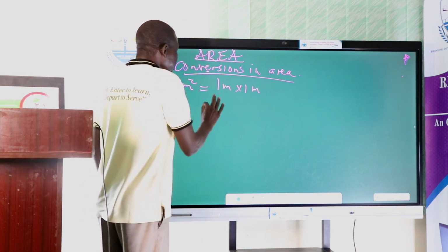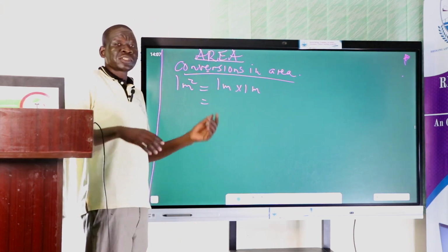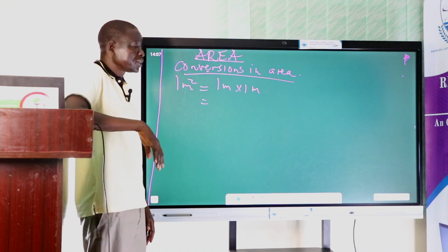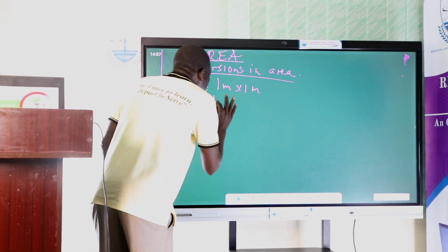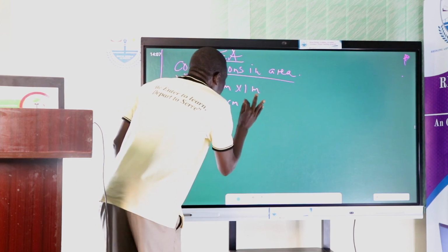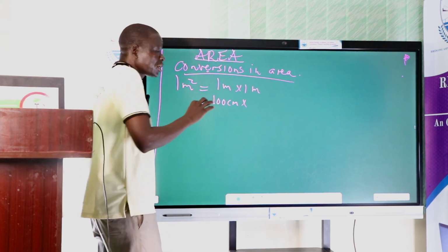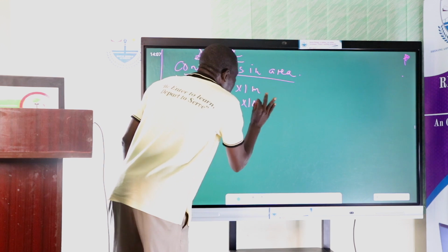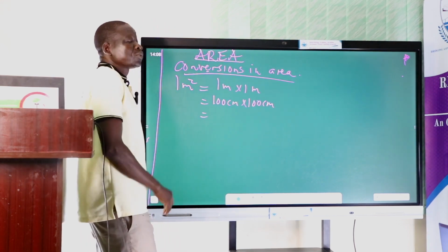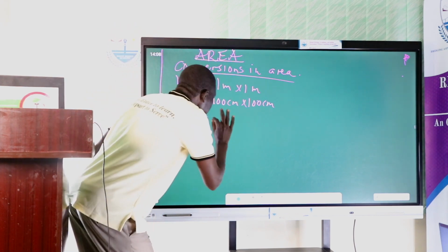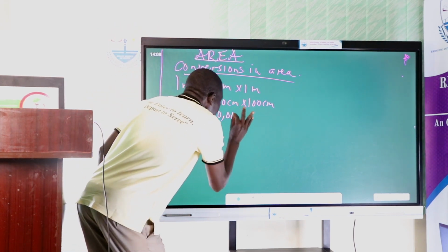But we know that 1 meter is equal to 100 centimeters. So here we have 100 centimeters, times another meter, which is also 100 centimeters. So 100 times 100, we get 10,000.